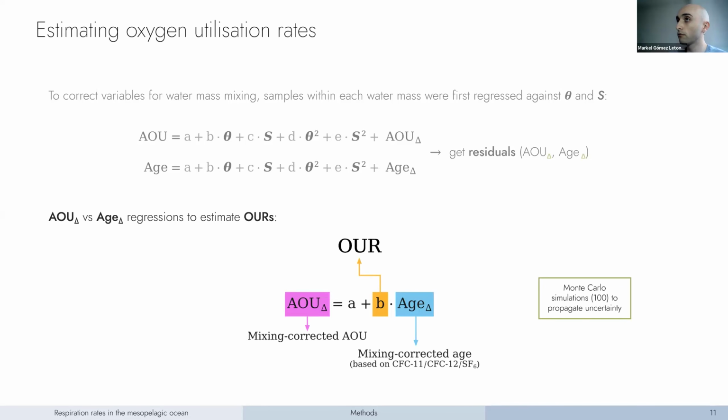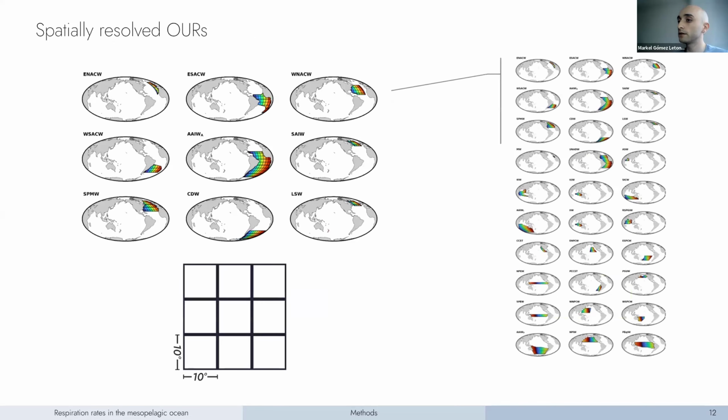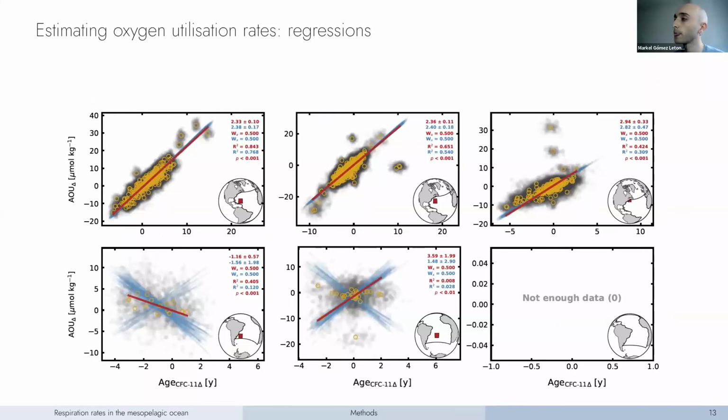As I said before, we were interested in having some spatial resolution for these estimates. So we divided the water masses into a grid of pixels of 10 degrees, as shown here. We split all the water masses into these pixels and then estimated these regressions within each pixel, as shown in these examples.